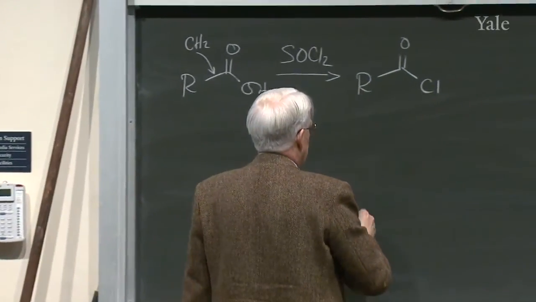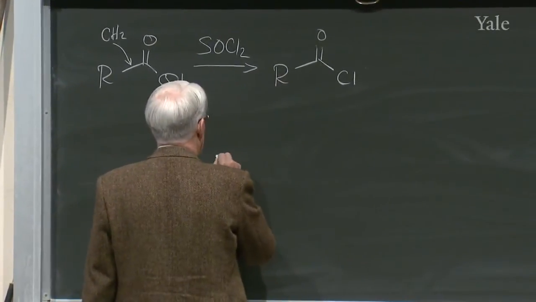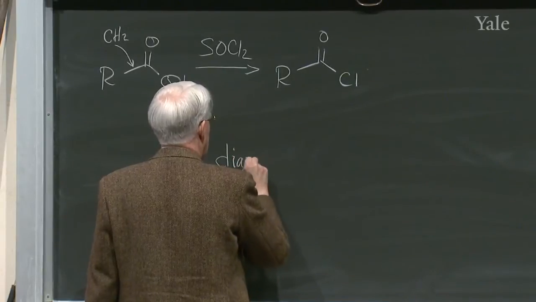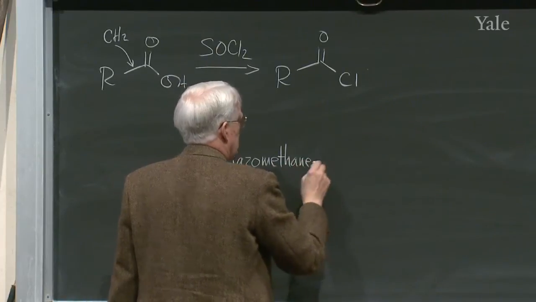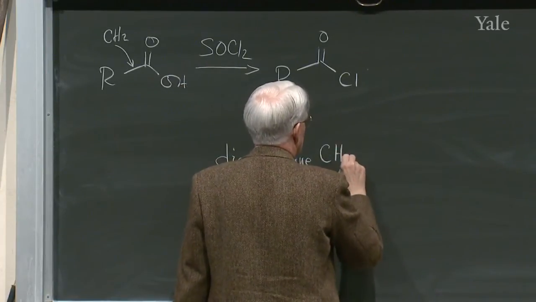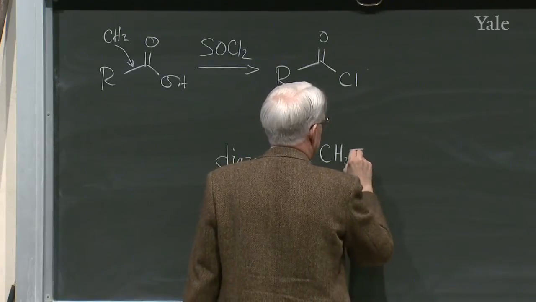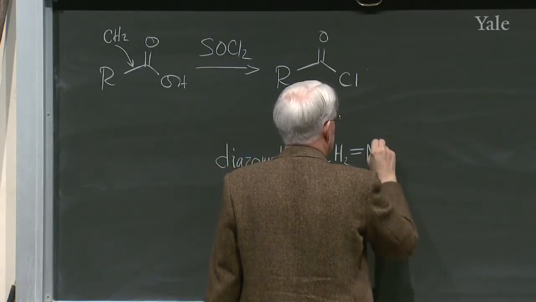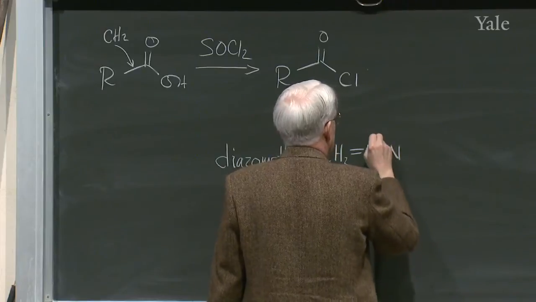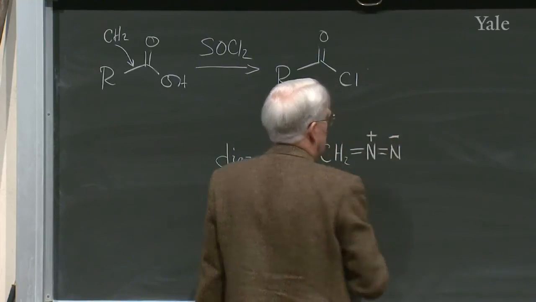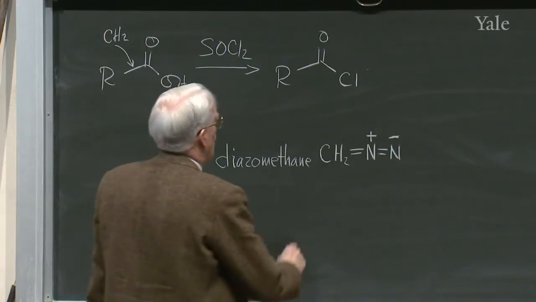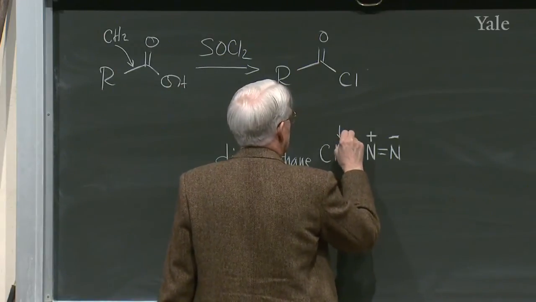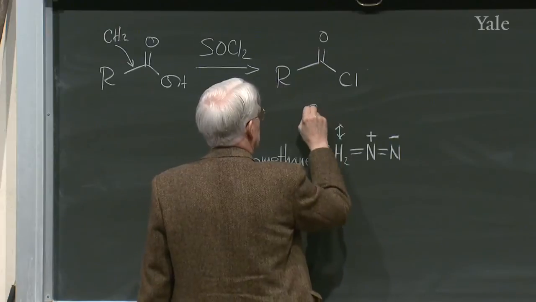And the particular nucleophile that's used in this case is called diazomethane. It's a very poisonous and unstable compound. It's a good idea not to work with it. It's one of these interesting molecules that you can't draw a Lewis structure without putting charge in it, which is sort of a tip that it might be reactive. But you can draw not only that resonance structure, but also this one.